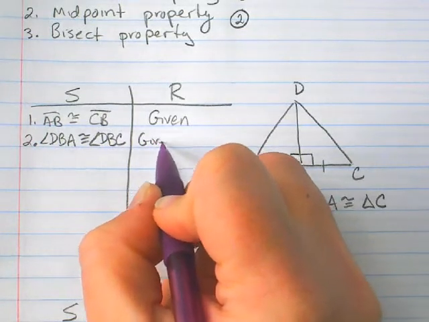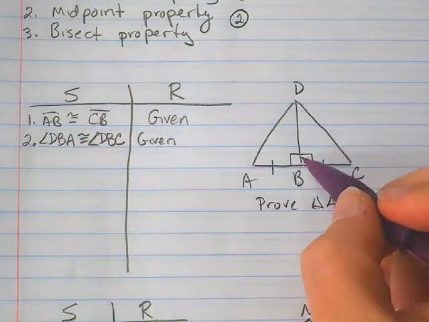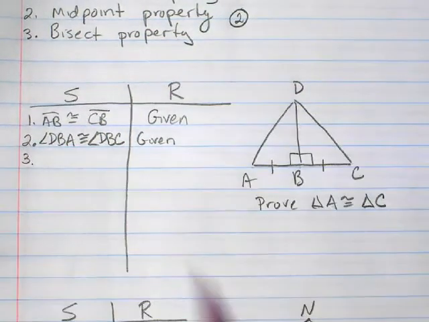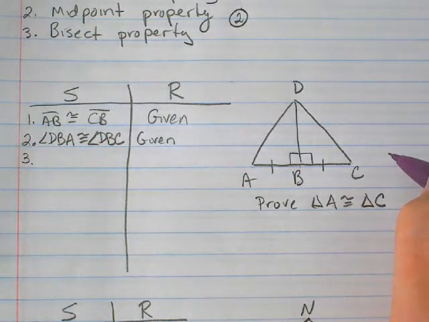That is also given to me. I can see it with my eyeballs. It is right there. Number three is something I have to decide with my mind, with my eyes.